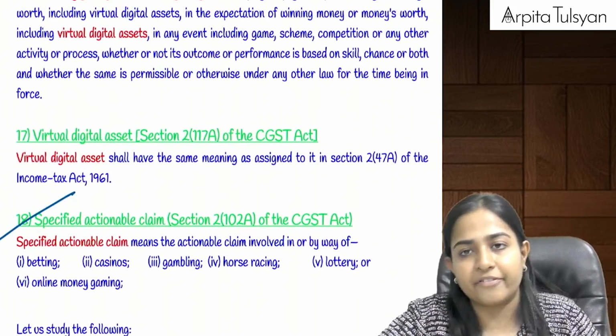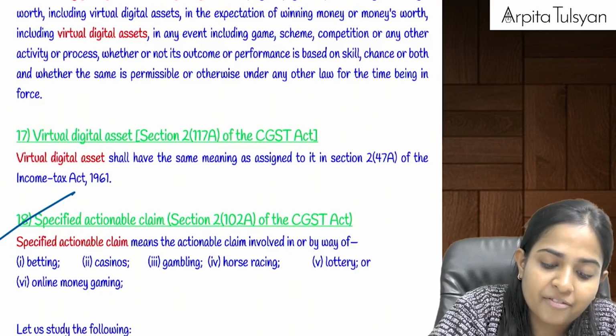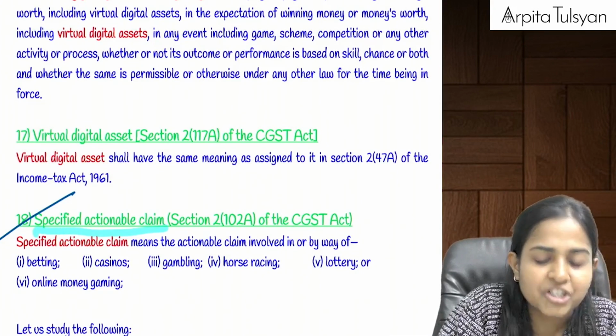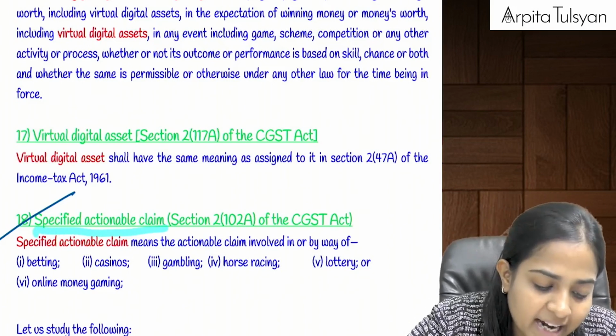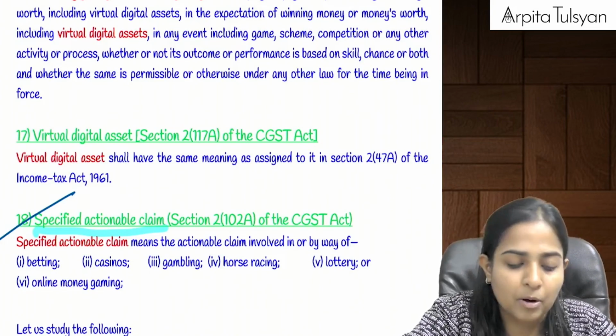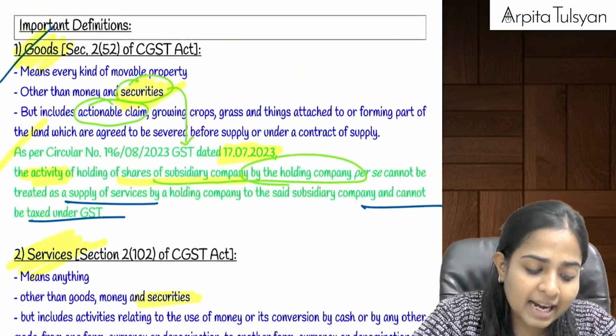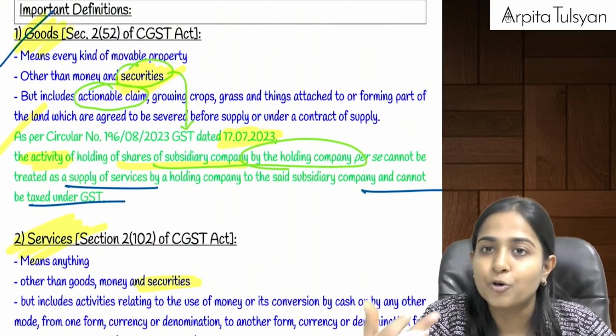There is a definition introduced here called specified actionable claims. The actionable claim definition we already discussed. Remember, an actionable claim was first of all considered as goods.